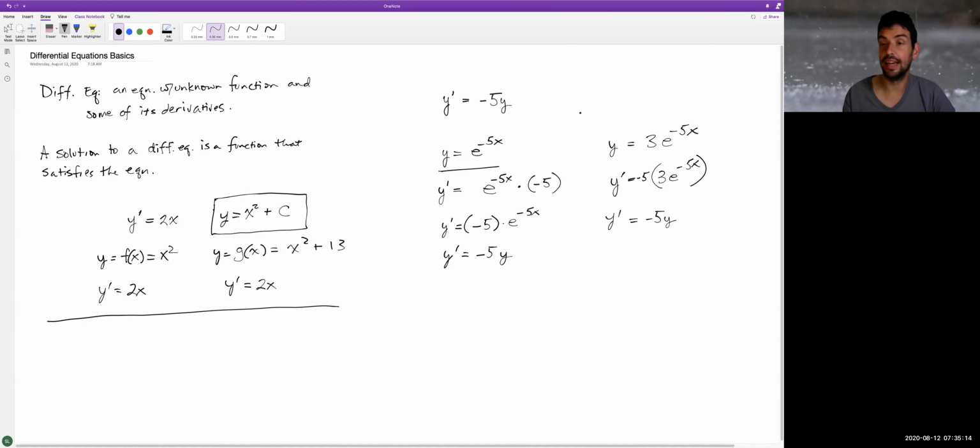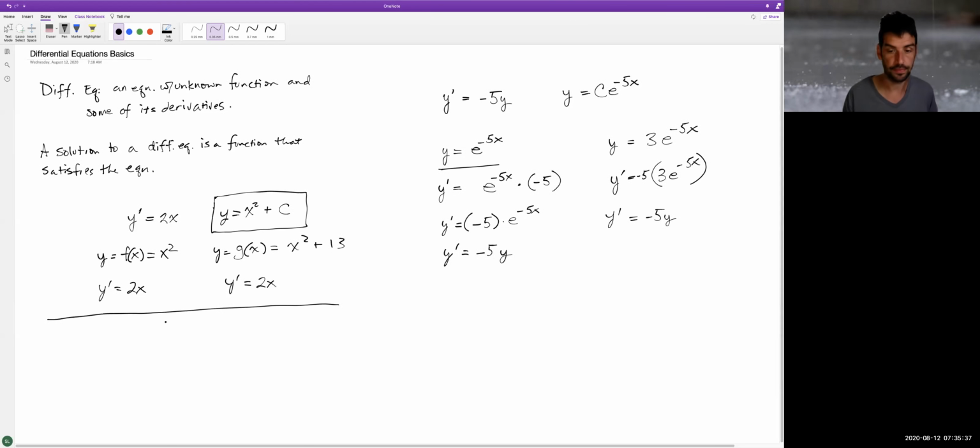And so in this case, a more general solution is if I throw any constant in front of that e to the negative 5x, I'll get something that satisfies this equation. So again, there's a family of functions that satisfies this.